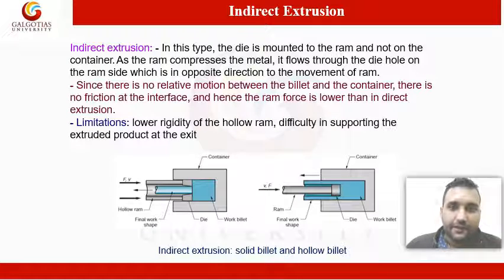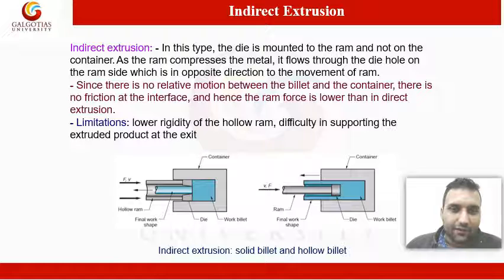In indirect extrusion, the die is mounted to the ram and not on the container. As the ram compresses the metal, it flows through the die hole on the ram side, which is opposite to the direction of movement of the ram. So this is a hollow ram, that is a hollow press, which moves in this direction, and the final product moves in just the opposite direction of the force applied.